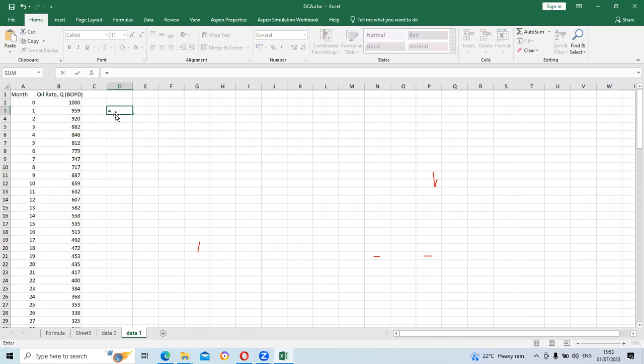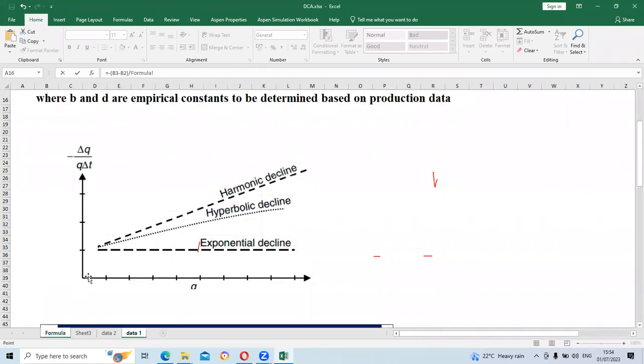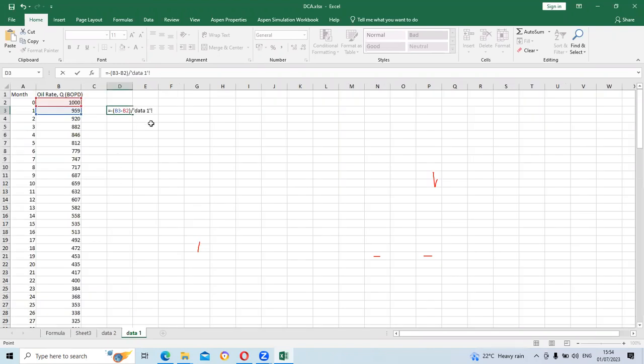I will put my equal to change in cure, equal to negative change in cure is cure final minus cure initial, divided by, that's my slash, divided by what? Let's come here and see. Divided by cure change in T divided by our cure.